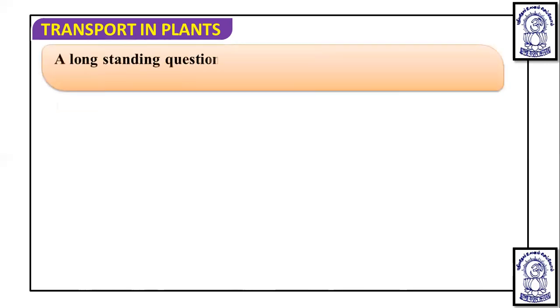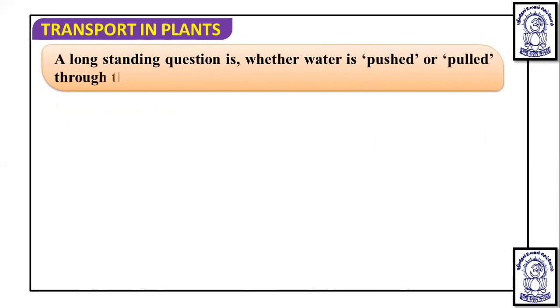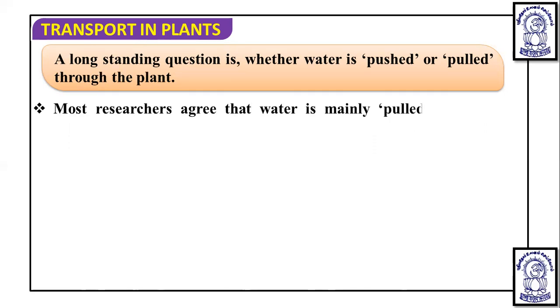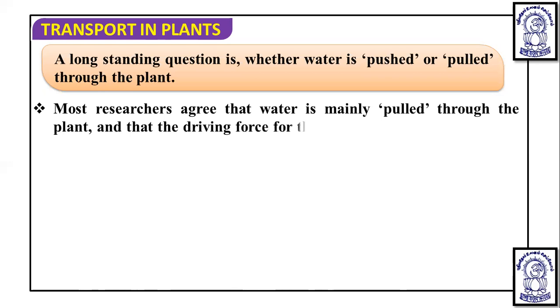Now, a long-standing question is whether water is pushed or pulled through the plant. Remember, due to root pressure, the water is pushed up the plant. But transpiration pull is going to pull the water.